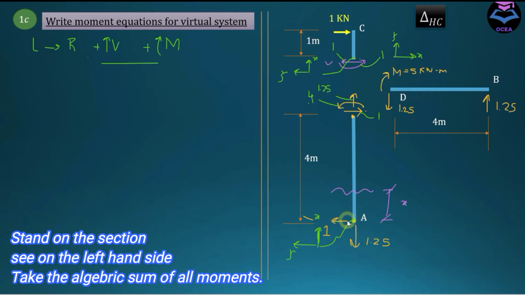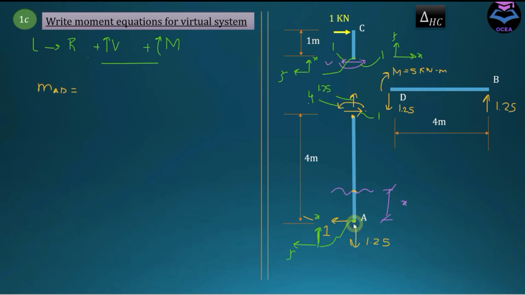So how many forces are there which are creating moment about this section? Before this section, there is this 1 kilonewton force which is creating moment. So MAD is equal to, this force is creating clockwise moment, and since clockwise moment is positive, this is going to be positive 1 multiplied by x.